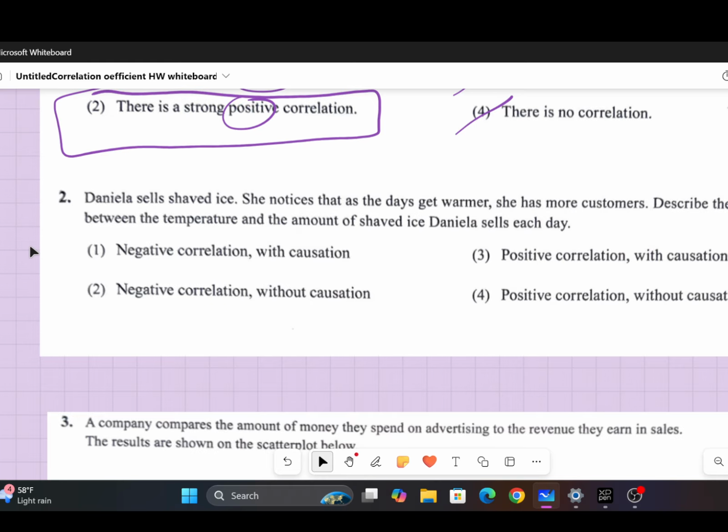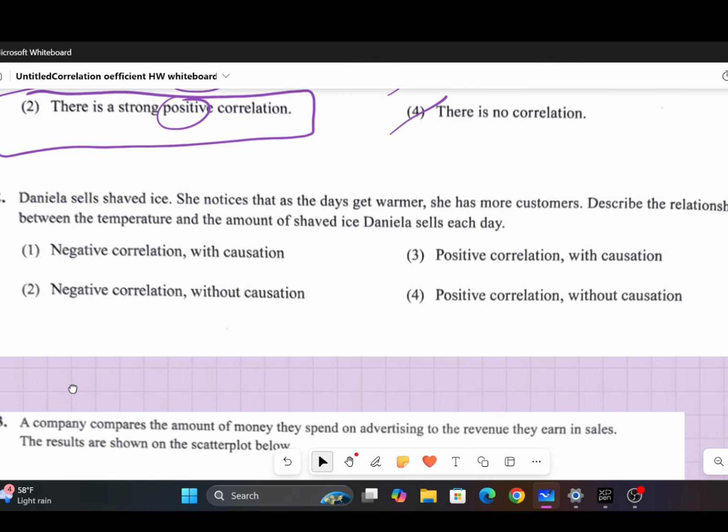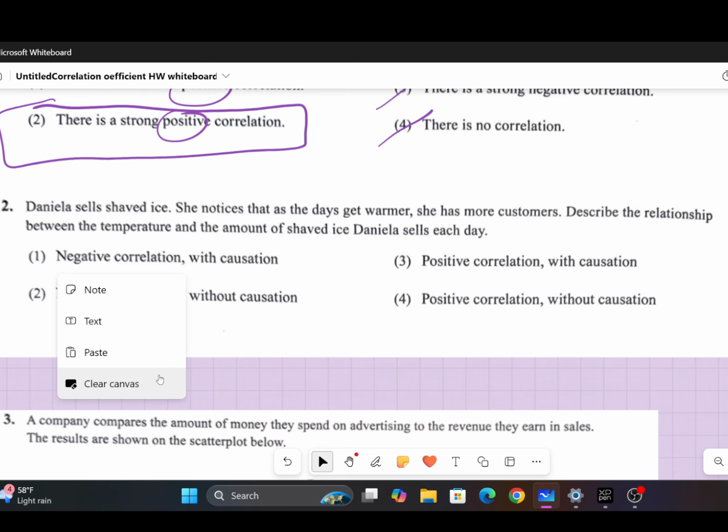Okay, number 2, I want you to pause the video, give it a shot without me, and then press continue when you're ready. Question number 2 on page 378 says Daniela sells shaved ice. She notices that as the days get warmer, she has more customers. Describe the relationship between the temperature and the amount of shaved ice Daniela sells each day.